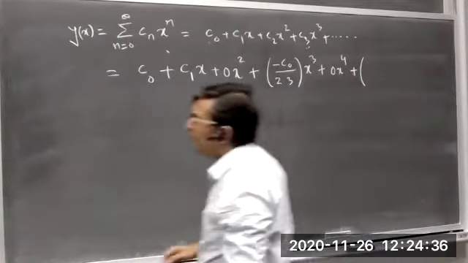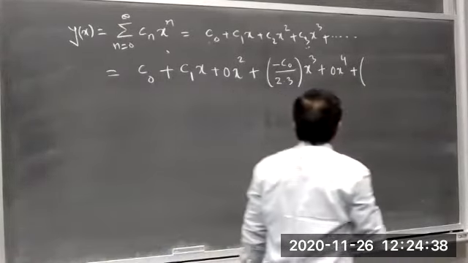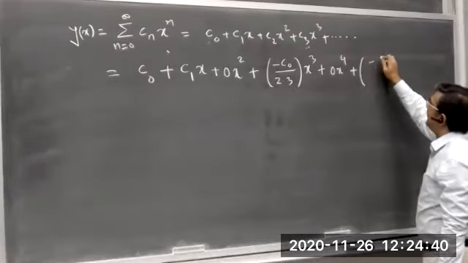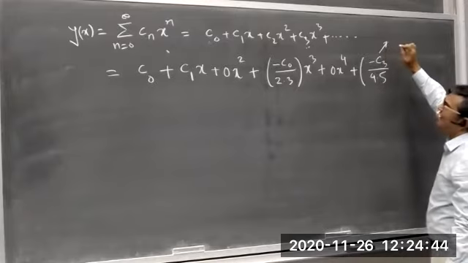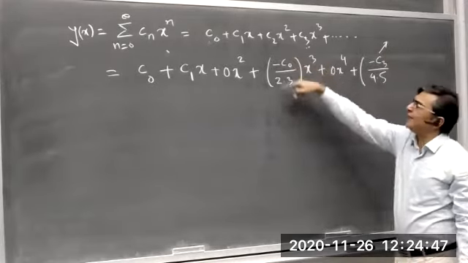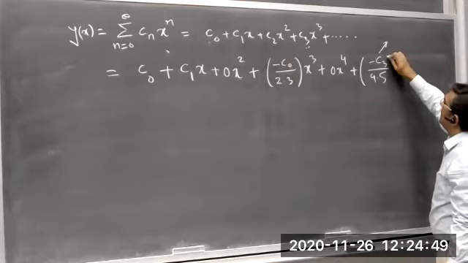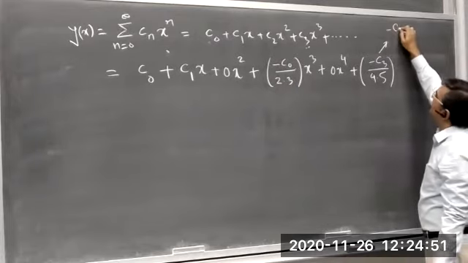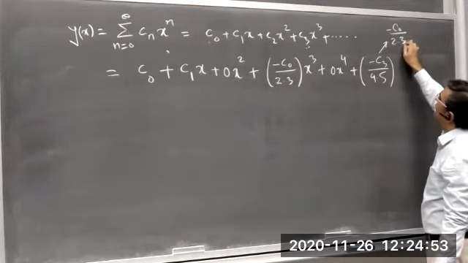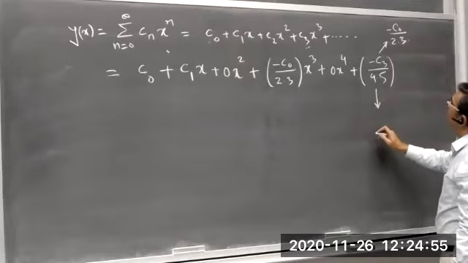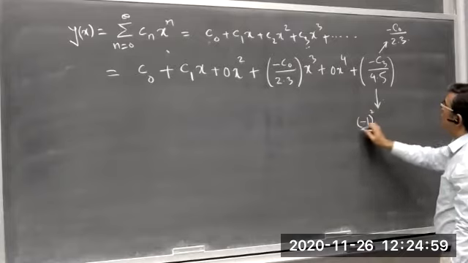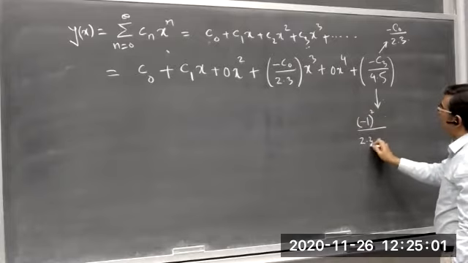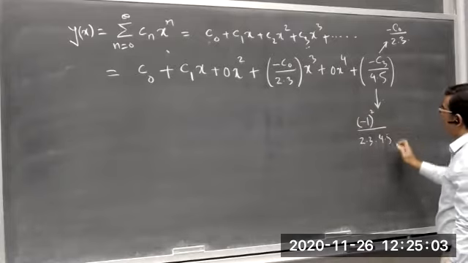negative C3 divided by 4 into 5. But we know that C3 is negative C0 divided by 2 into 3. So in fact, this constant becomes minus into minus, (minus 1) raised to power 2 divided by 2 into 3 into 4 into 5.